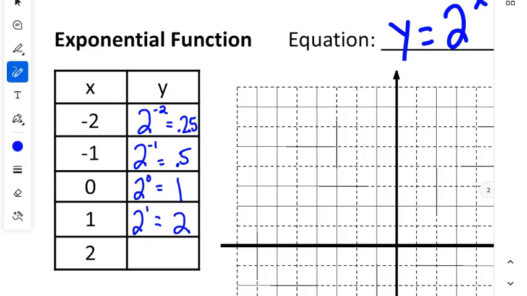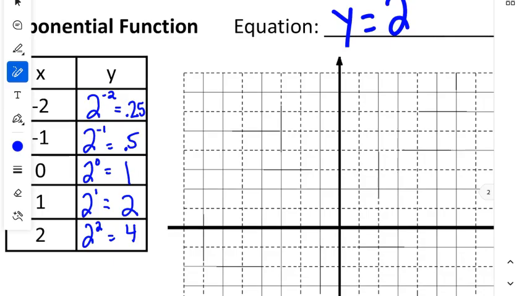2 raised to the first. Just 2. 2 raised to the second. 4. All right. So -2 to 0.25. Do you see where I put it?